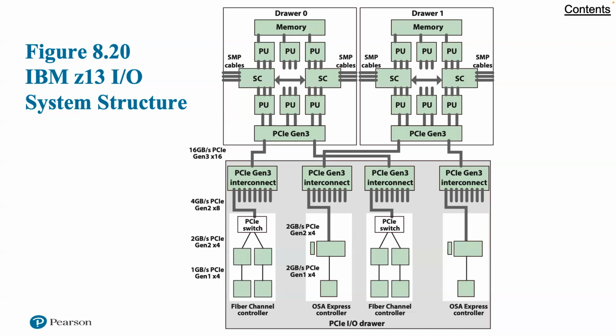Each processor drawer includes a card containing the channel controller, which provides connectivity to the I/O drawers. These channel controllers are referred to as fanouts. The InfiniBand connections from the processor drawer to the I/O drawers are via host channel adapter (HCA) fanouts, which have InfiniBand links to InfiniBand multiplexers in the I/O drawer.